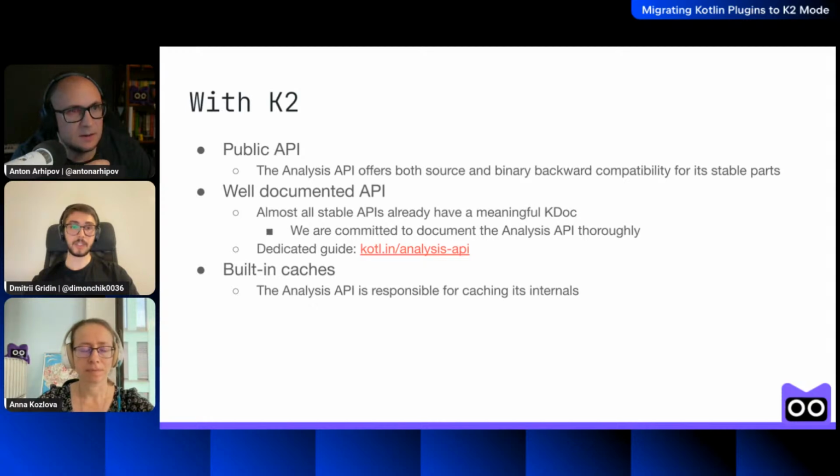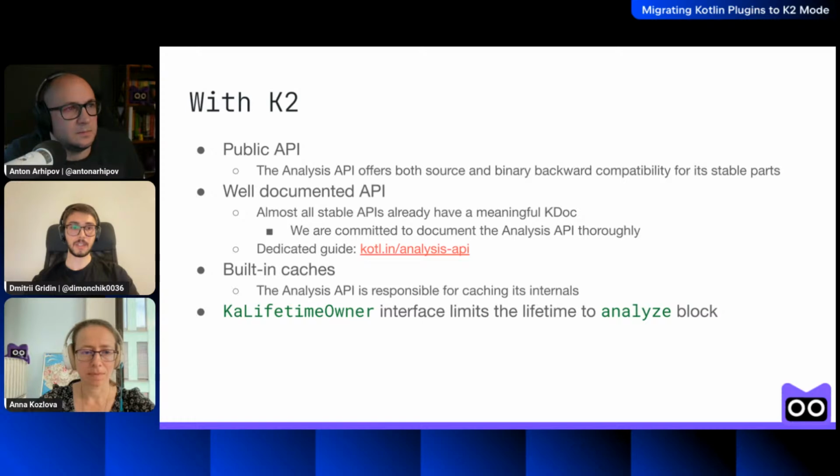The Analysis API provides built-in caches, so the user shouldn't really care how to cache something, because everything is cached out of the box. It also provides the lifetime owner interface, which limits the lifetime to the analyze block, which helps us prevent memory leakages.